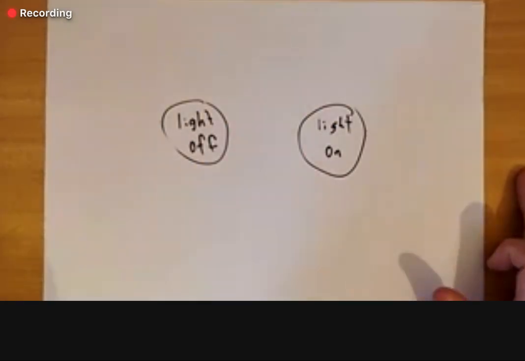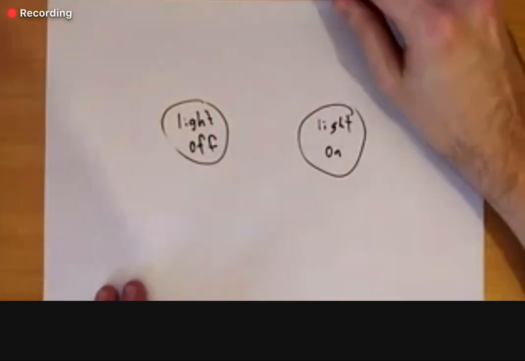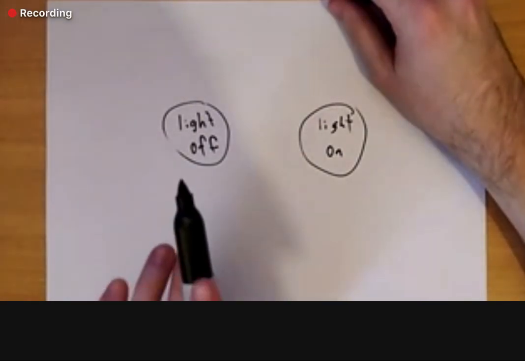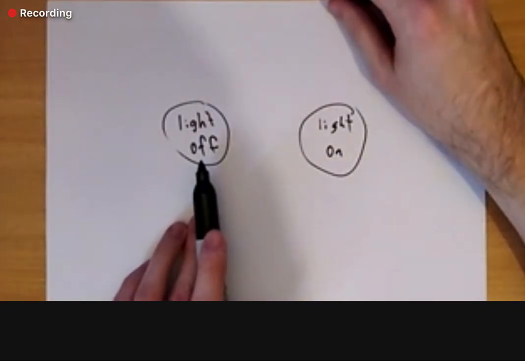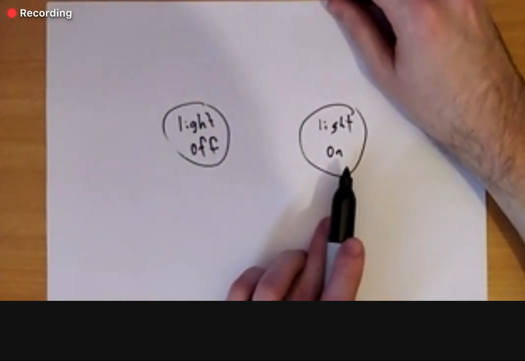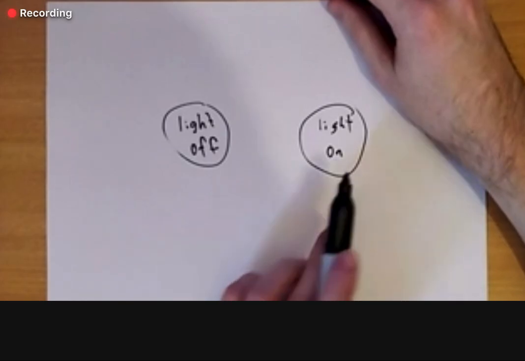I'm just going to take that as people are roughly understanding this. Okay, now when the light is off, what causes us to move from being in the off state to the on state? Yep, exactly.